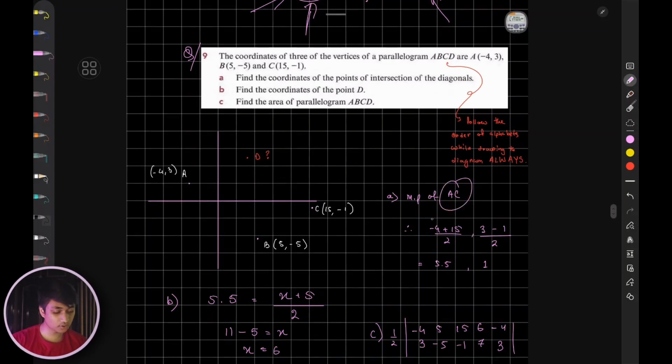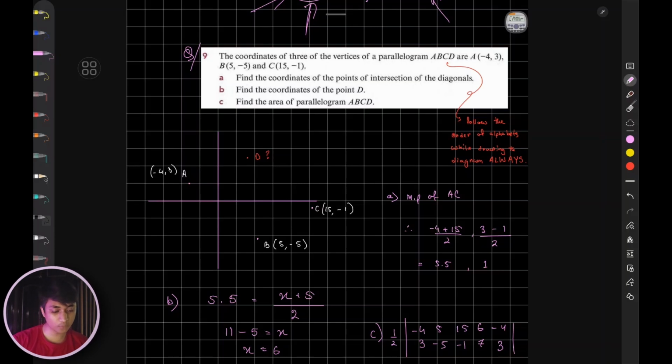So find the midpoint of the given two coordinates, which is A and C. It's going to be -4 plus 15 divided by 2 and 3 minus 1 divided by 2. You get the midpoint, which is again, that midpoint is going to be the point of intersection. Fair enough. So it's going to be 5.5 and 1. That is your answer for A.